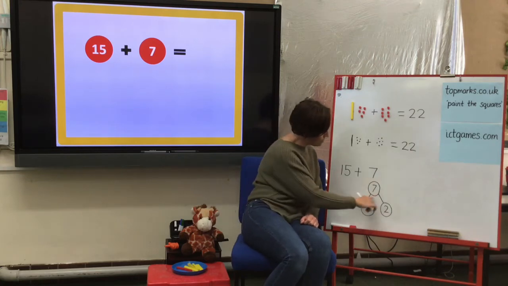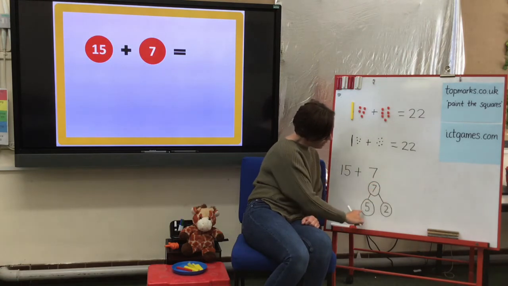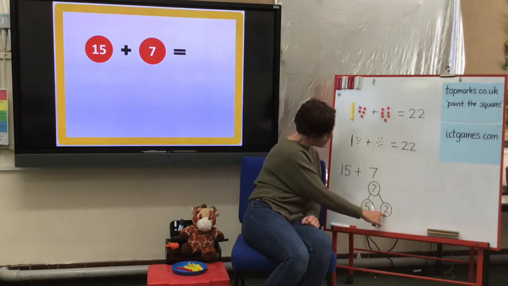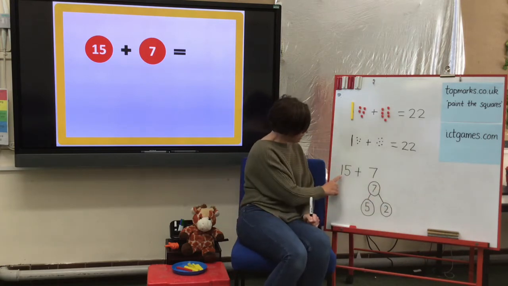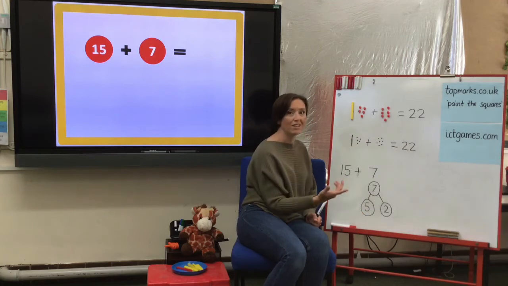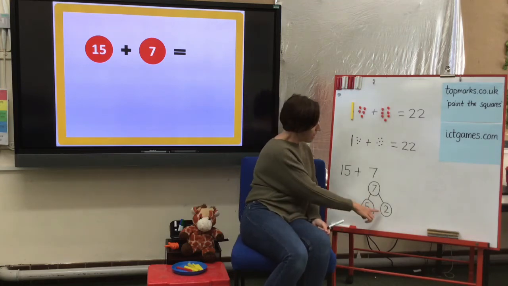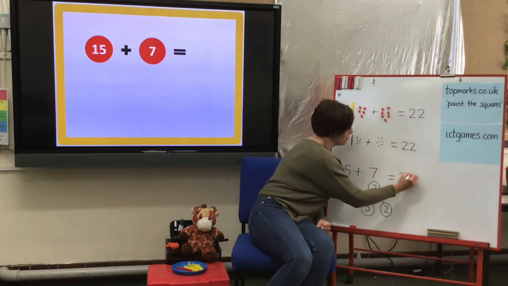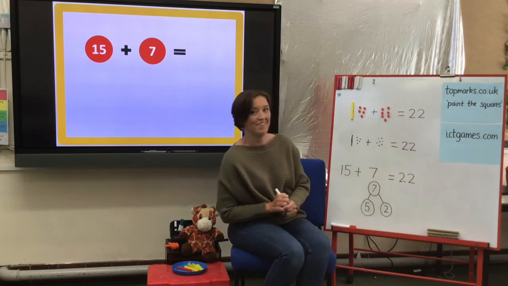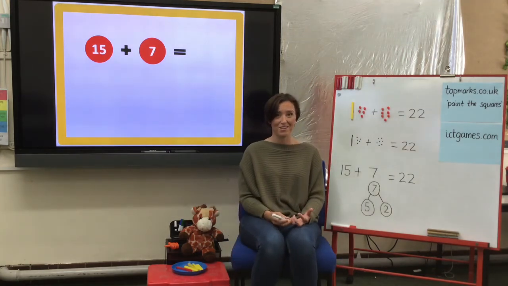Okay, so I've used a part whole model here with 7, and I put 5 in here, and I know that to get 7, I need to add 2 more onto 5. So now I can break it down, and I can say, well, 15 add 5 is 20. I know that because I know my number pairs to 20. Plus 2 more would make 22.